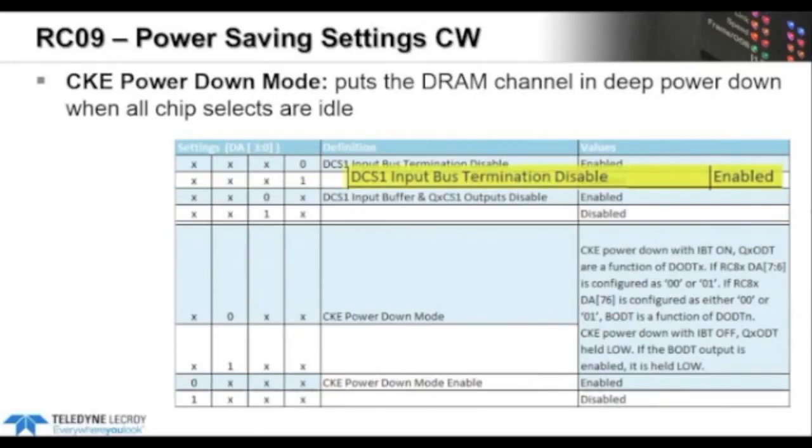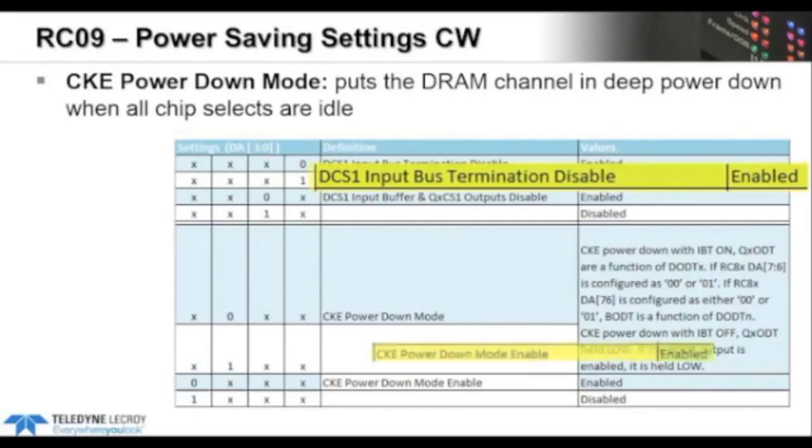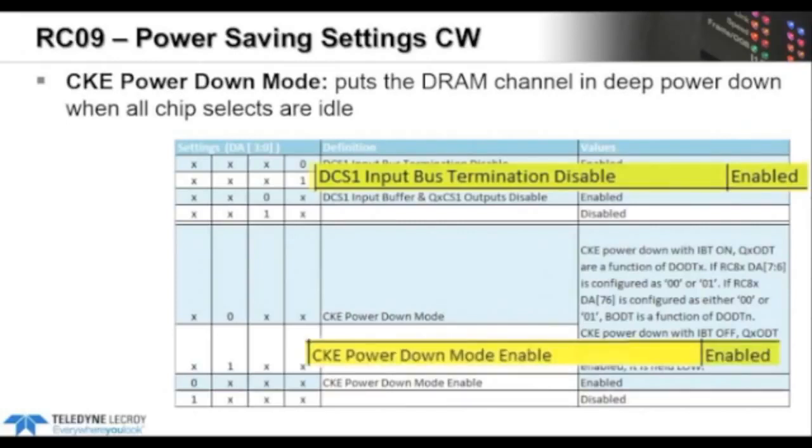This is similar to ODT, only for the register. The IBT resistors are integrated on the RCD, and they help reduce stub reflections. There's something called CK8 power down mode, which lets the register put the DRAM channel in power down when all the chip selects are idle. Okay, so a lot of controls for the RCW, and similar controls for the buffer chips.